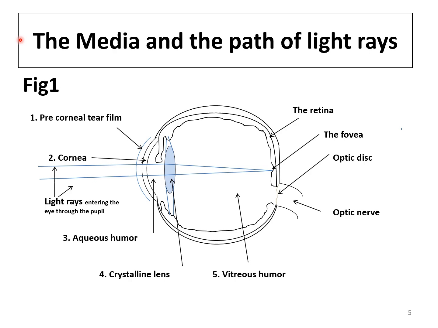This figure shows the media and the path of the light rays. Media is comprised of the structures through which the light rays pass, and these are the precorneal tear film, the cornea, the aqueous humor, the lens, and the vitreous. The light rays fall on the cornea and undergo refraction at the level of the cornea and the lens to get focused on the retina.